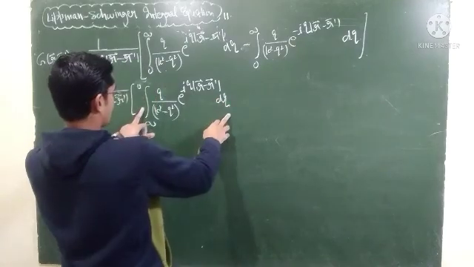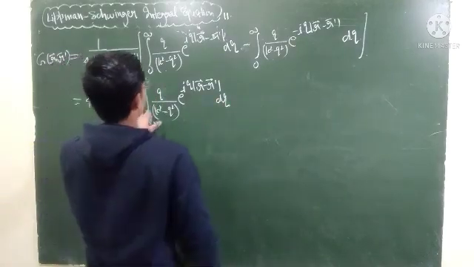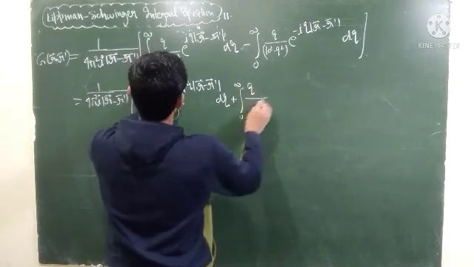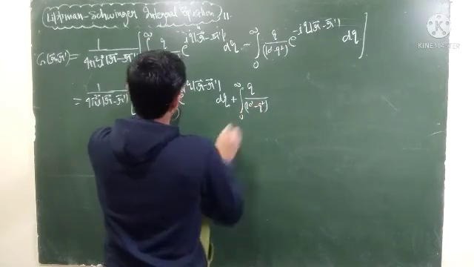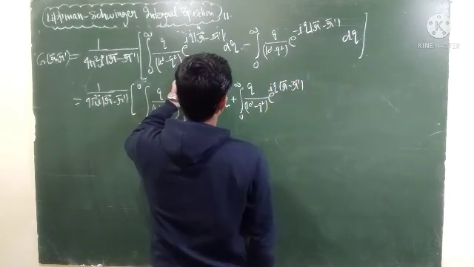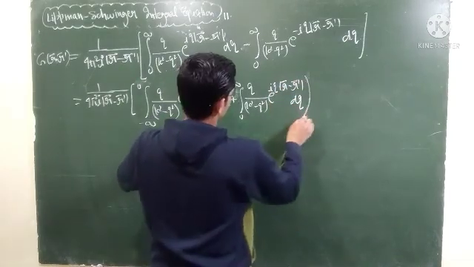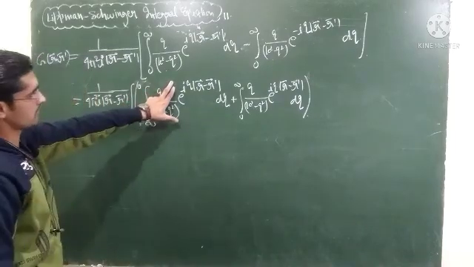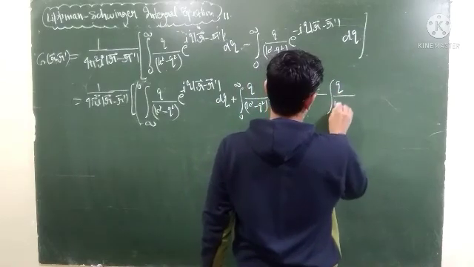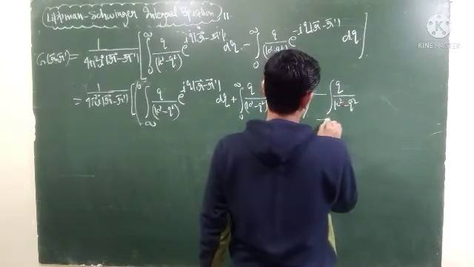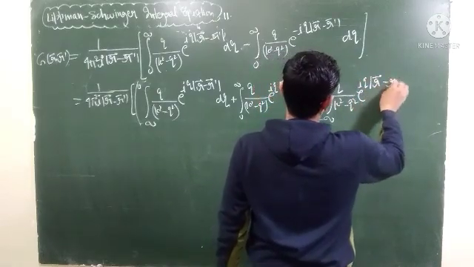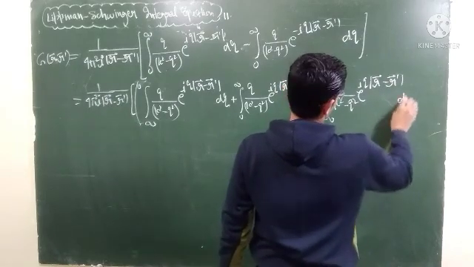So first let me write this term from 0 to infinity, q over k square minus q square e to the power iota q mod r minus r dash dq. You have just added this particular term, so you have to subtract this term as well. So we have to subtract q over k square minus q square, from minus infinity to 0, e to the power iota q mod r minus r dash dq.